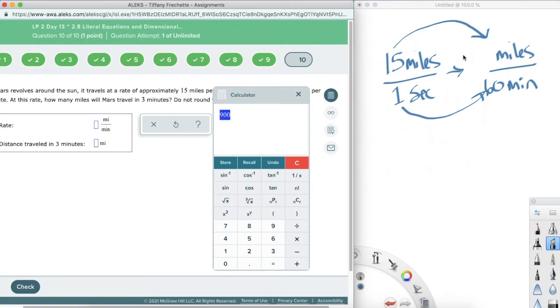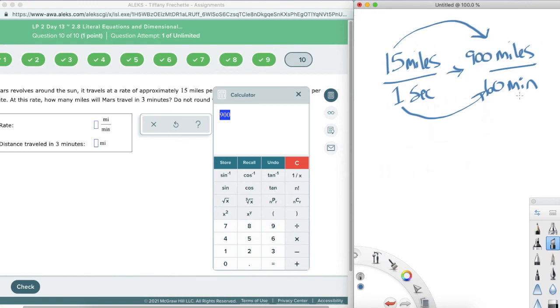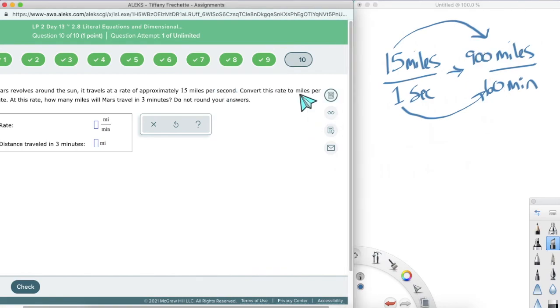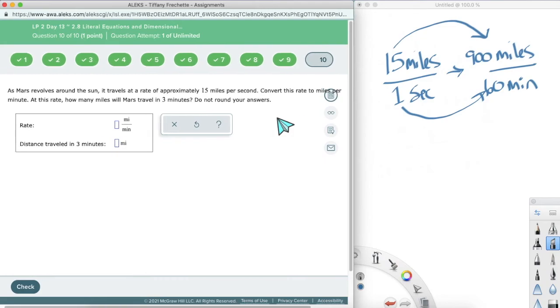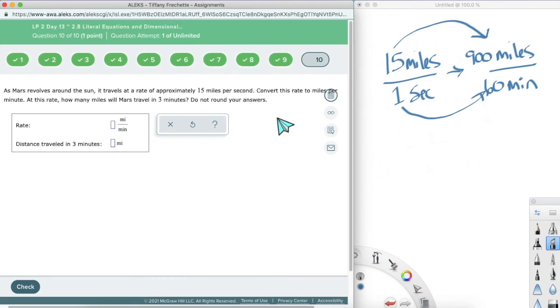So every minute it's going to go 900 miles. That's how fast it's revolving around the sun. Okay? That sounds really, really fast. On a planetary scale, that's not terribly crazy. For us, 900 miles in 1 minute sounds like a whole lot, right?